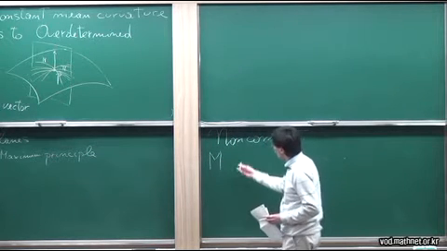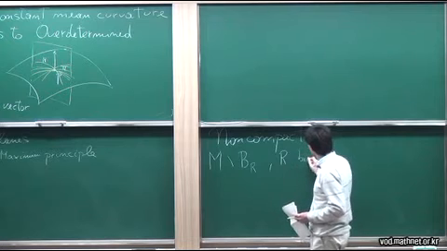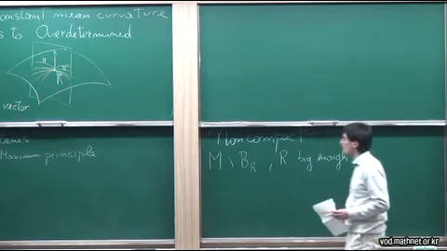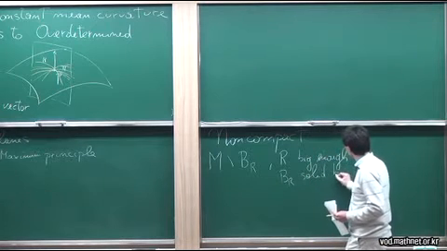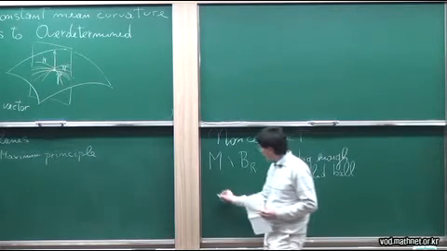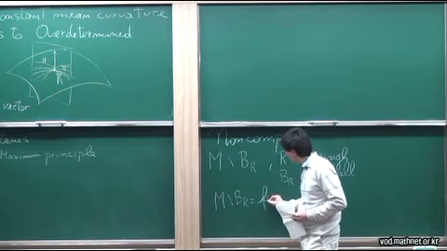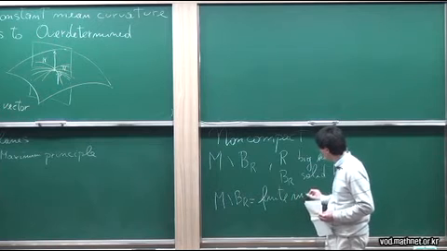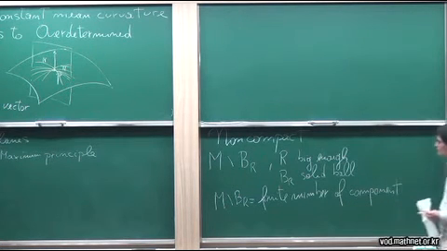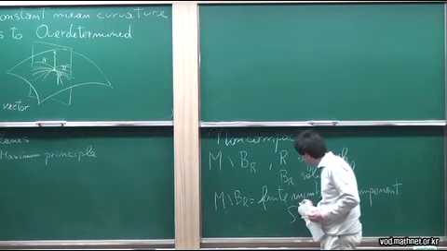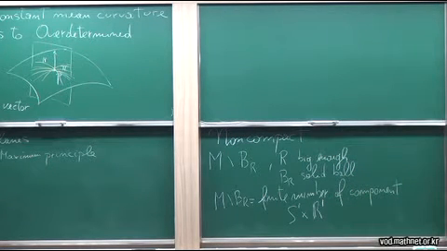If I remove a solid ball B_R of radius R, with R big enough, what I see is that M minus B_R has a finite number of components which are diffeomorphic to S1 cross R plus, which is a half cylinder.